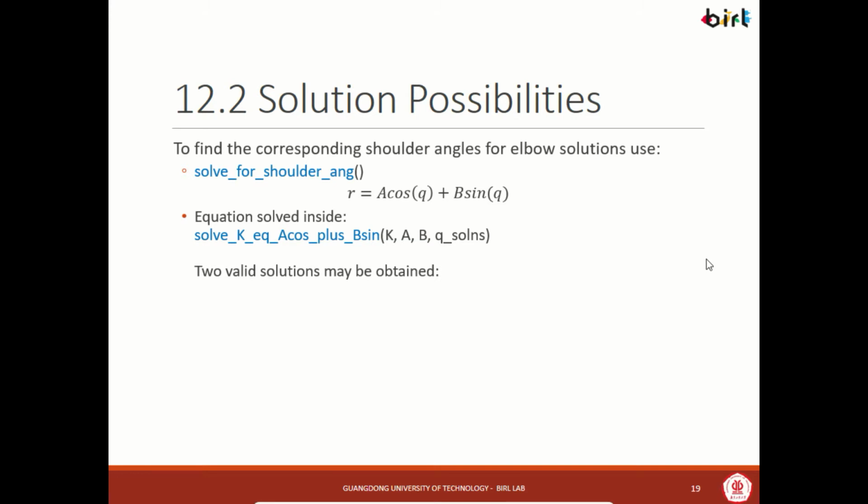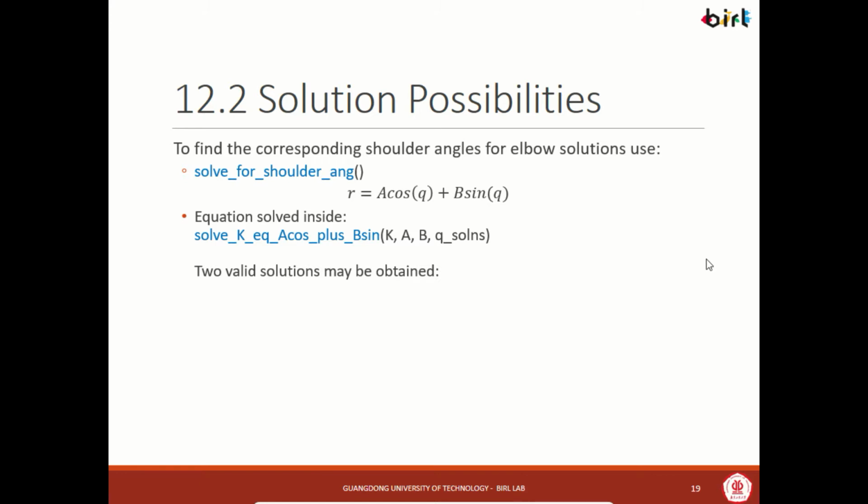So if we want to find the corresponding shoulder angles for each elbow solution in our code, in the IK solve method, we have another method called solve for shoulder angle. That method is using this law of sines: R equals a cosine of q plus b sine of q. From here, if you have an R and you're trying to get q back, that's where you get two solutions.